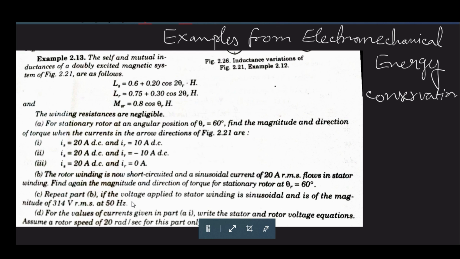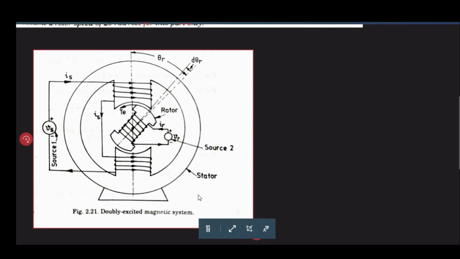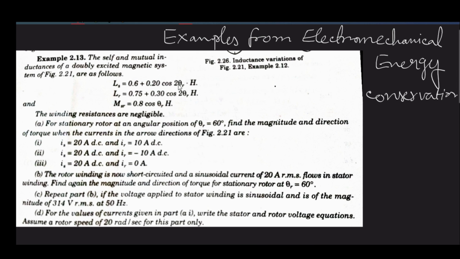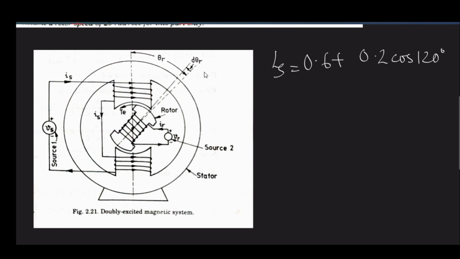First of all, for a particular angular position, you have to figure out the corresponding inductance values. LS was 0.6 plus 0.2 cos 120 degrees, actually twice 60 degrees. Here it is written 0.6 plus 0.20 cos 2 theta. So you will get 0.5 Henry.